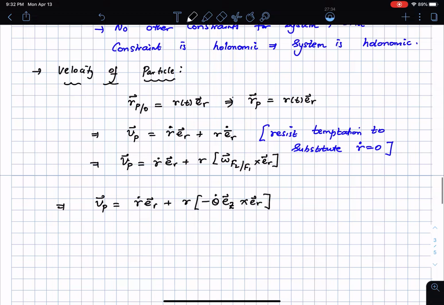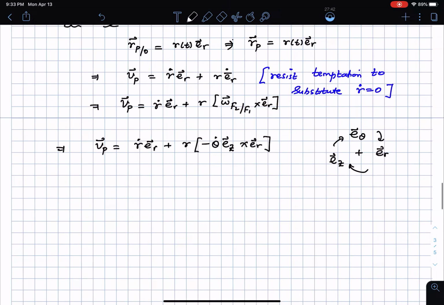Going back to our triad, it was e theta, er, and ez, which means that ez cross er is going to be minus e theta. Minus and minus becomes a plus, and this is typically the expression for a particle's velocity in polar coordinates in 2 dimensions: r dot er plus r theta dot e theta.